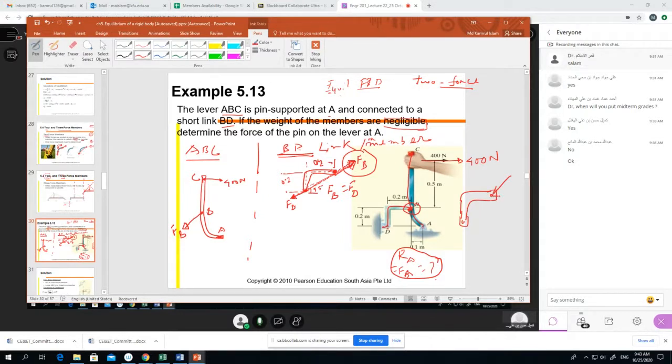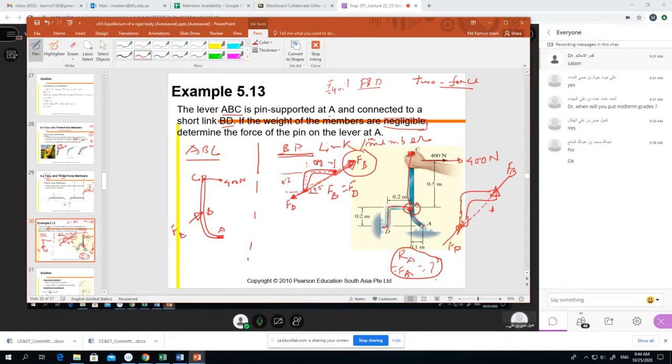If you assume FB is in this direction, then FD will be in the opposite direction. In this case, the force at joint B for this member will be in the opposite direction. If it is downward, it will be upward, because to make it balanced, to make it equilibrium.